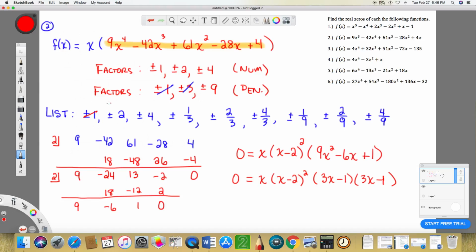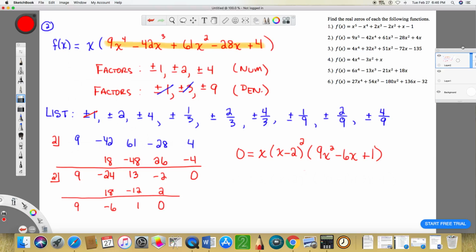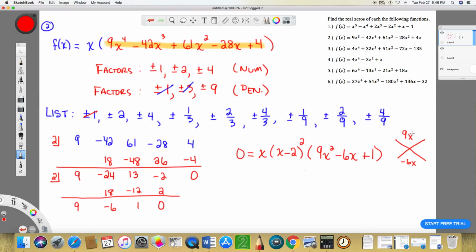So let's say, though, that you didn't see that. Let's do our traditional x method the way that you're pretty comfortable with. This minus 6x here, first term times the last term, is 9x squared. So 2 values that when multiplied together give you the top expression, but when added give you the bottom.